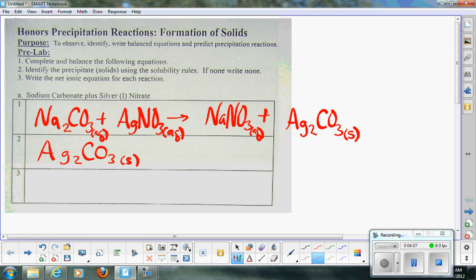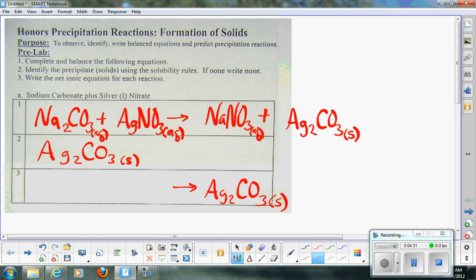Then the next thing we want to do is write the net ionic equation for each reaction. So, net ionic equation means I'm going to make my solid, Ag2CO3. I'm going to make it out of its ions. So I work backwards. How many ions of silver made this up?